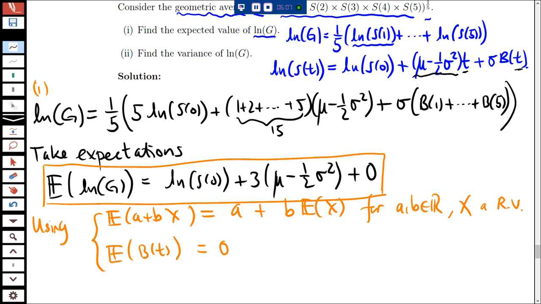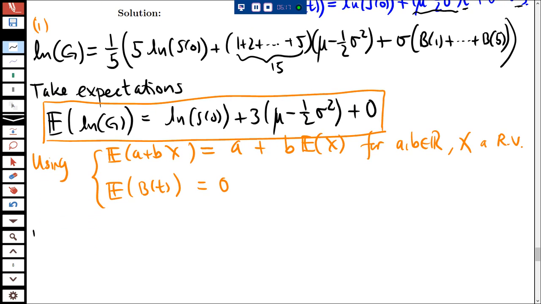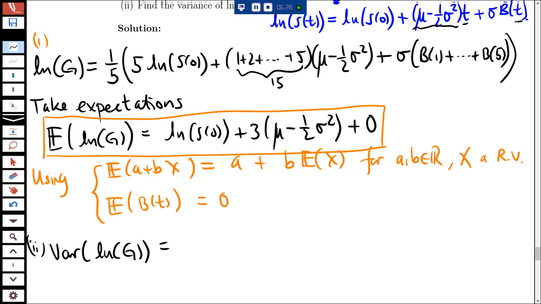Next, part II. We want to find the variance of the log of this value g, the geometric average. So let's do that next. Okay, so the variance of log of g. Let's take a look.